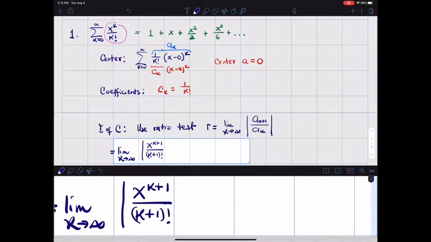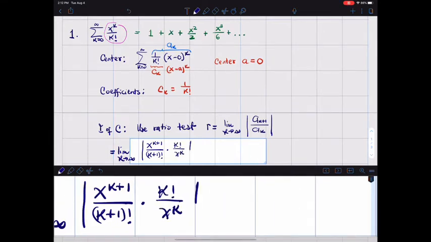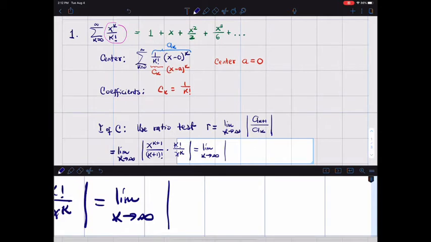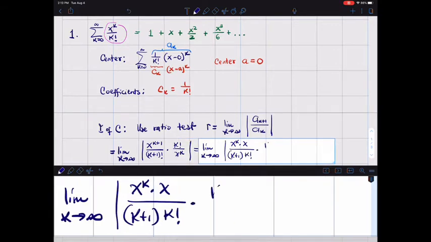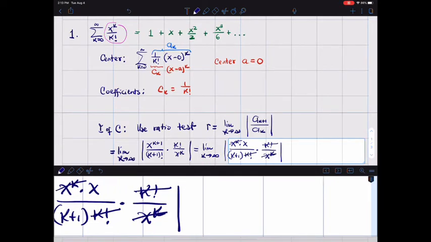And then we're going to divide it by ak, which is like multiplying by the inverse of ak. So it's going to be k factorial over x to the power of k. All right, we learned a lot about factorials. So we know that we can start by rewriting this as x to the power of k times x over k plus 1 times k factorial, times k factorial over x to the power of k. And this and that will cancel out. This and this will cancel out.